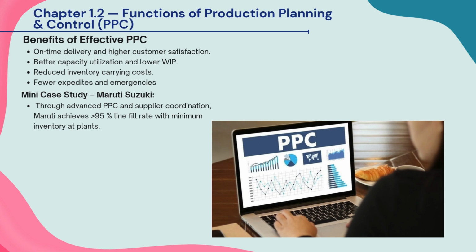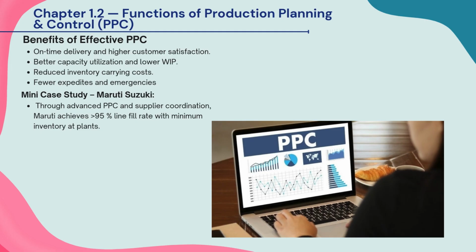Effective production planning and control improves on-time delivery and strengthens customer satisfaction by ensuring that production flows without disruption. It enhances capacity utilization, reduces work in process, and lowers inventory carrying costs by aligning materials, machines, and schedules precisely with demand.